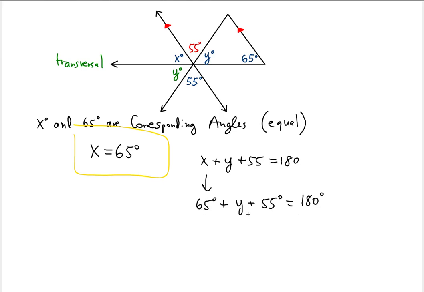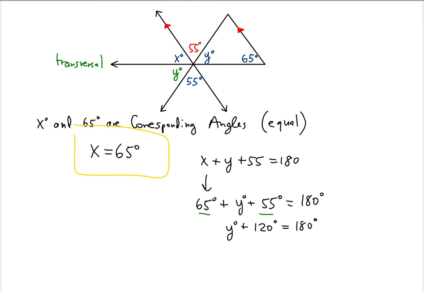All right, so we can now add these two together. So as a result, y plus 65 plus 55 is going to be 110 plus 10, which is 120, is equal to 180 degrees.